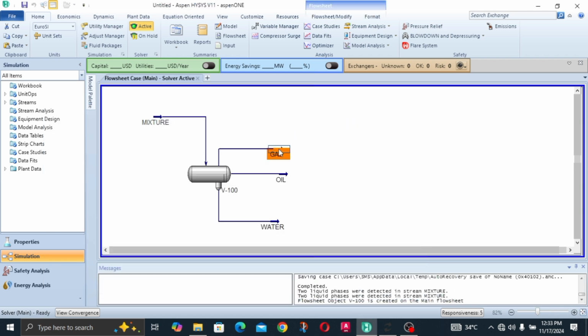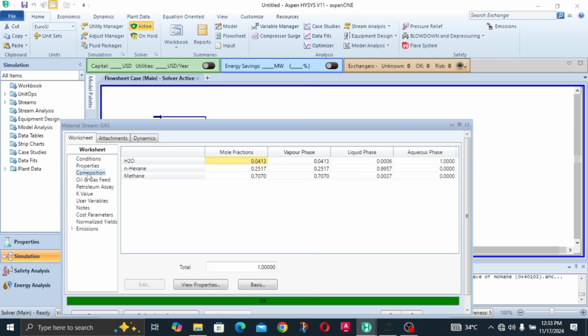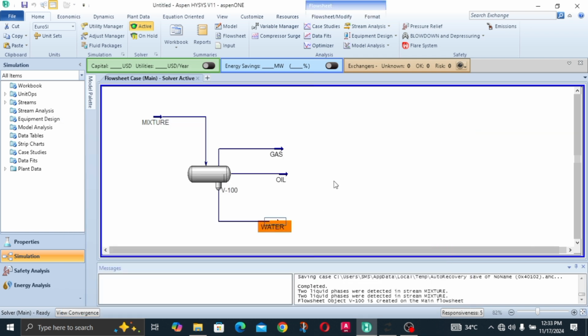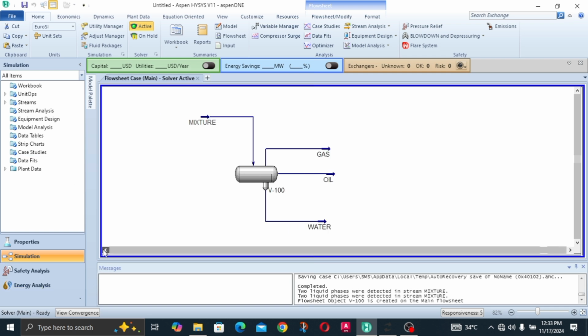With that vapor fraction, our composition is 70% methane, 25% hexane, and 4.13% H2O. So let's see if we can do anything to make this H2O drop down to where it's supposed to be, the water outlet. That's basically the heavy liquid outlet. And to do that, we expect a condensation.